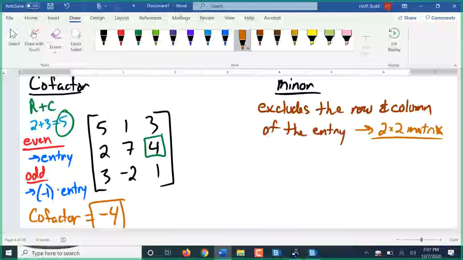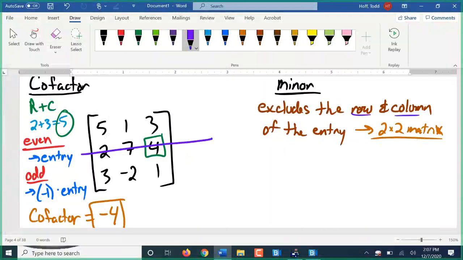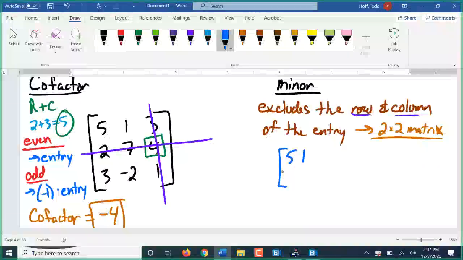So here, remember we said it excludes the row and the column. So the row that's in is the 2, 7, 4. It excludes that row. And it excludes this third column, the 3, 4, 1. What's left? Well, we have 5, 1 and 3, -2. That 2 by 2 matrix is the minor of the entry 4.